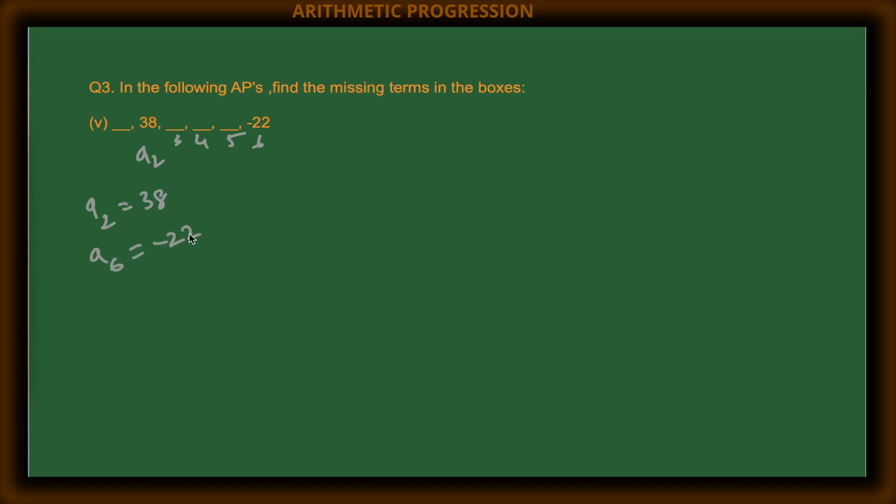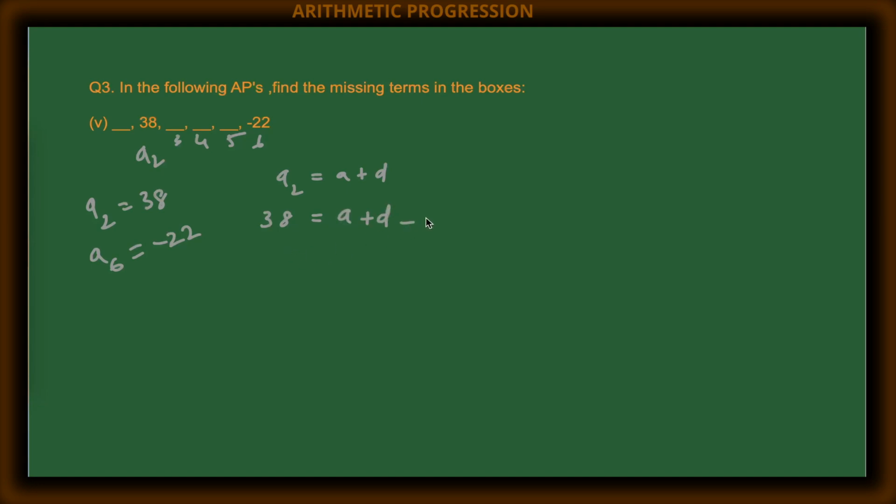So now we can find it via the general form. Let's solve this. A2 is equal to A plus D. A2 is given, so A2 value is 38. A we don't know. Do we know the difference? We don't know the difference.